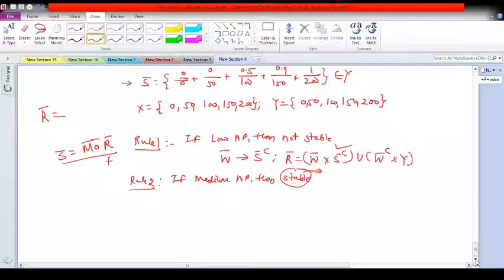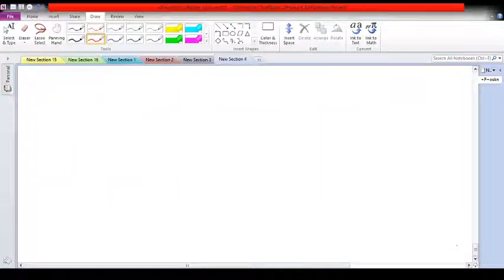Okay, now let us check why it is called approximate. So again let me take the same example as we have already seen, that is R bar.